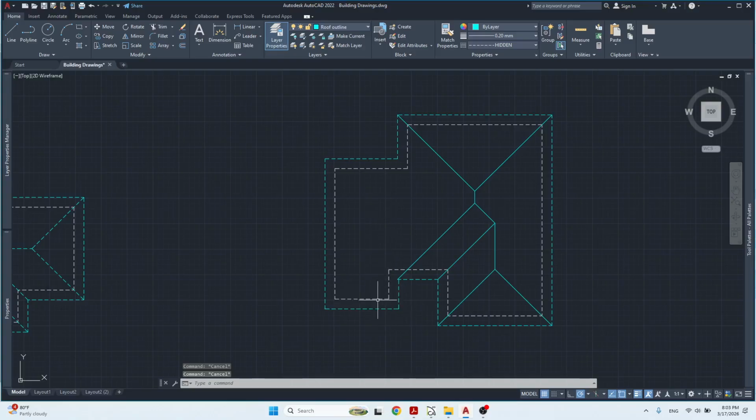I'm going to treat this piece as its own roof. I'm going to draw my 45-degree lines like so, and then let me just get rid of those.